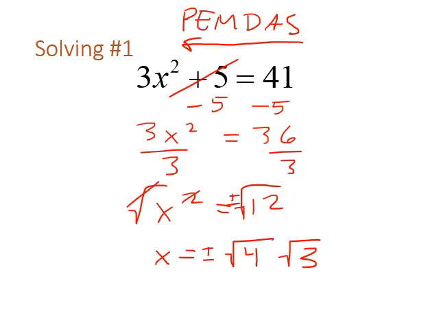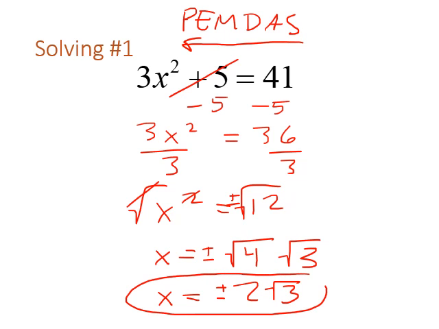Okay, I chose 4 because it's a perfect square. It's the biggest perfect square factor of 12. So x is going to equal plus or minus, the square root of 4 is 2, and then I tack on that root 3. That's my answer. My two solutions, two possibilities. Okay, we have to include both plus and minus because a negative times itself yields that positive solution.